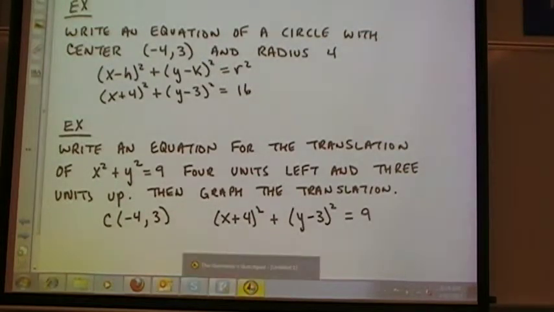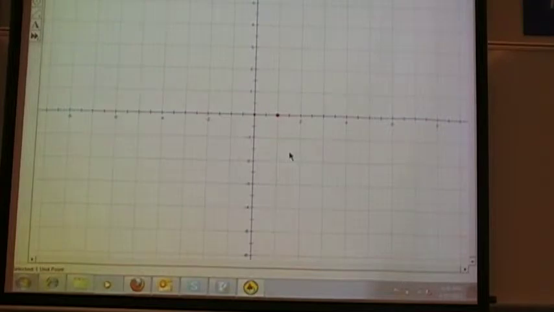Everybody ready? Okay. So I'm gonna go here, and all I do, the original graph had a center of (0, 0). So you put a point at (0, 0), and when you graph your radius, you just go 3 units in every direction. 3 units up, 3 units right.